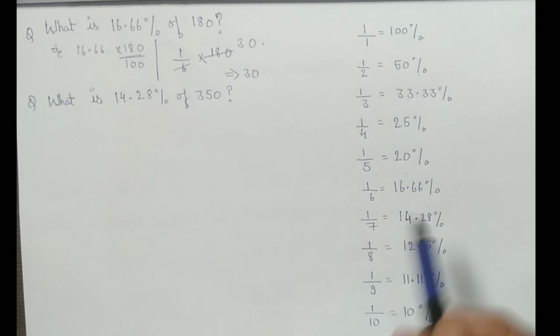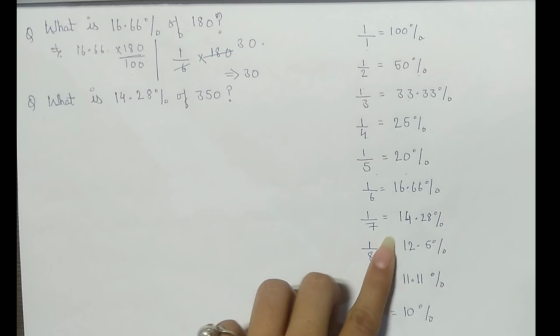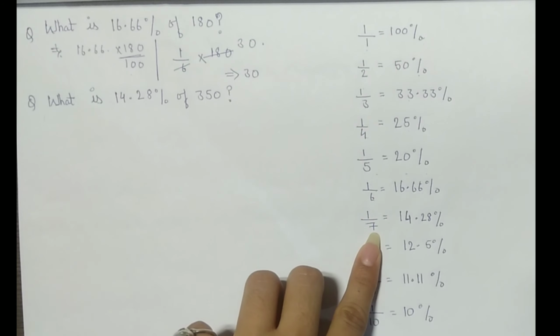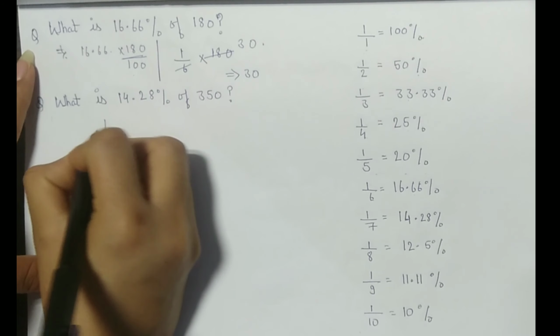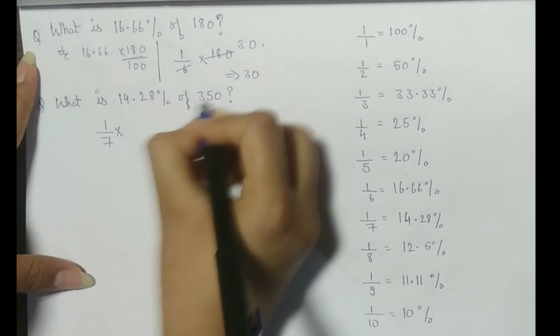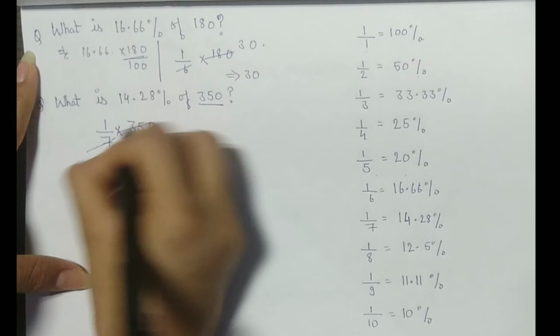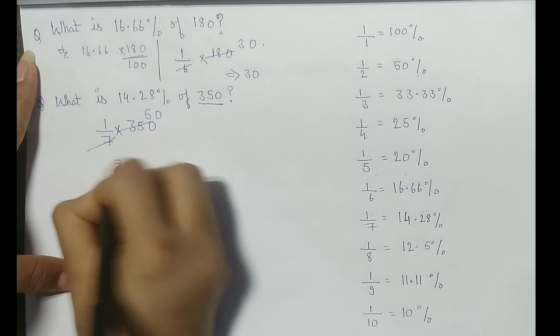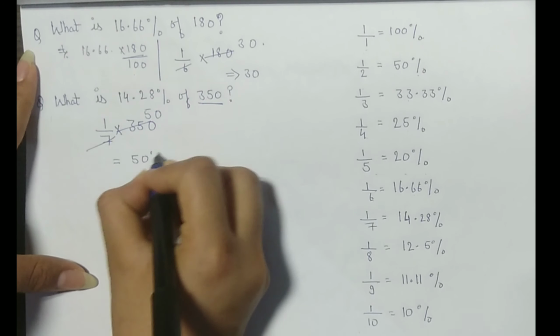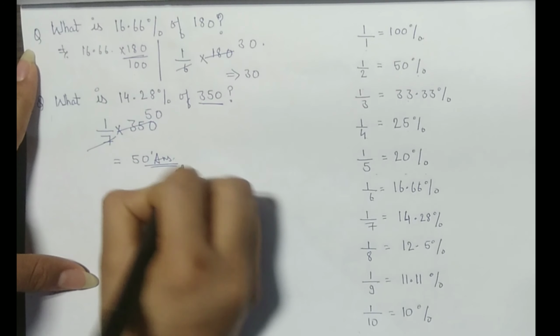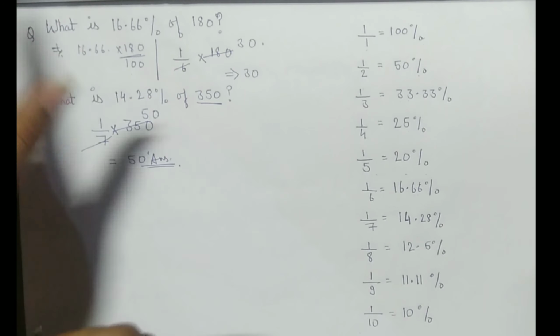The fraction of 14.28 is 1 by 7. Directly write down 1 by 7 and multiply it with the given number, 350. So the answer is 50. If you memorize all these values, it will save you lots of time in solving these kinds of problems.